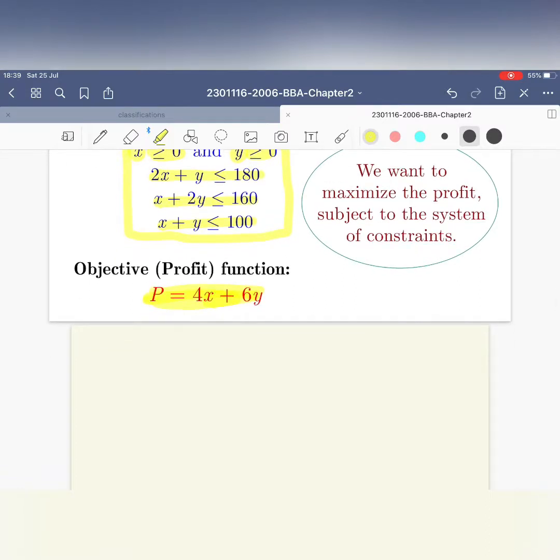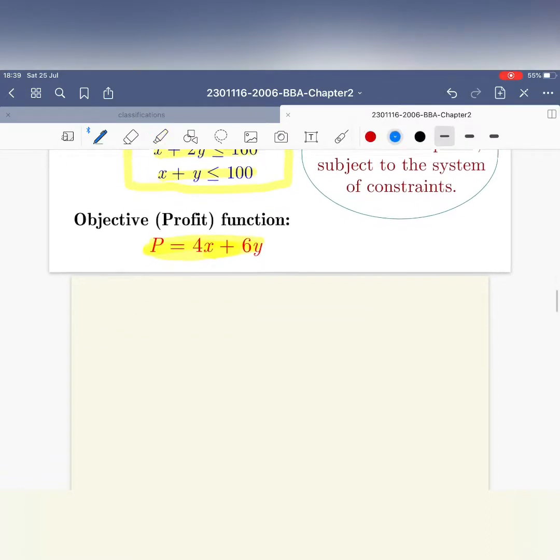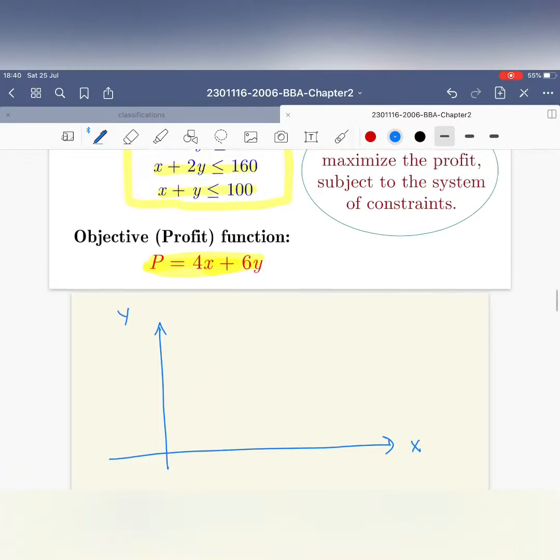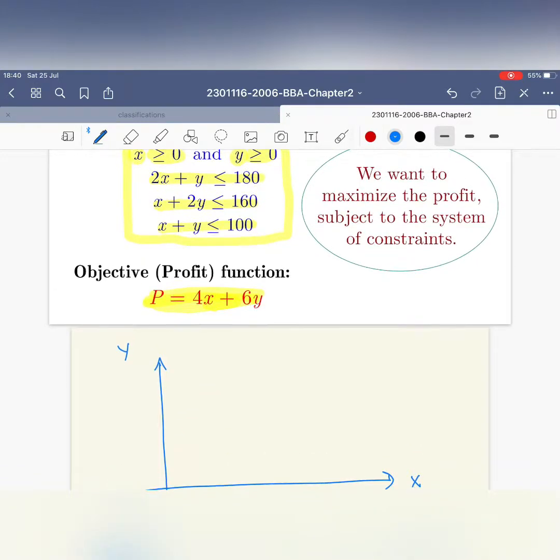So for the first one, let me draw a big x and y plane. Please forgive me, because even though I try to draw a big one, later on it will be a small region again.